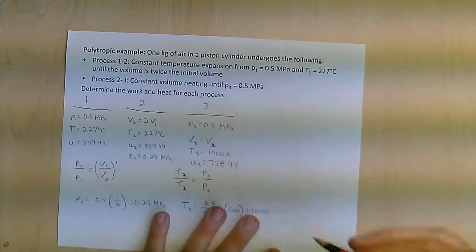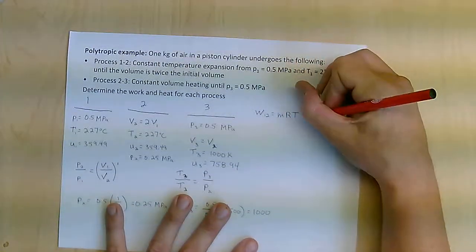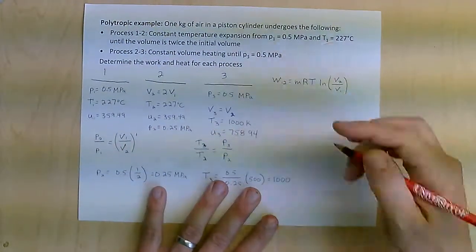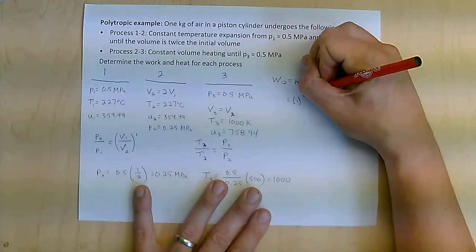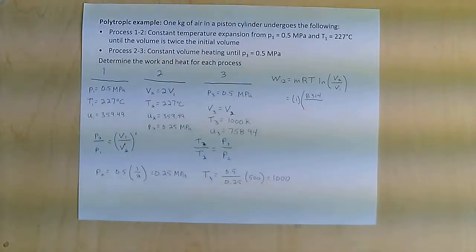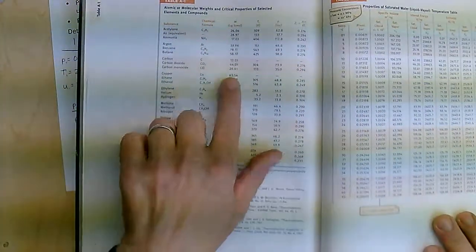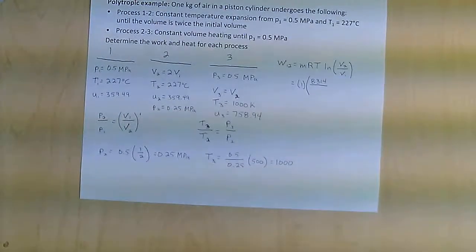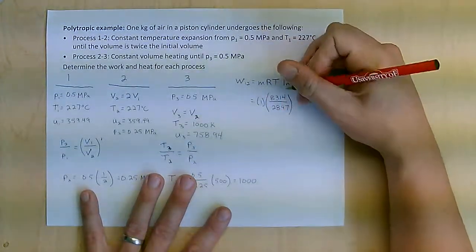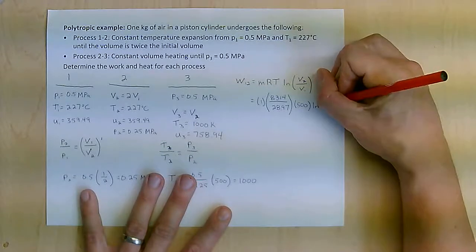Work 1 to 2 is mRT times the natural log of V2 over V1, where m is 1 kilogram, R is 8,314 divided by the molecular weight of air, 28.97, because I take R bar and divide it by the molecular weight to get R, times the temperature of 500 Kelvin, times the natural log of 2.